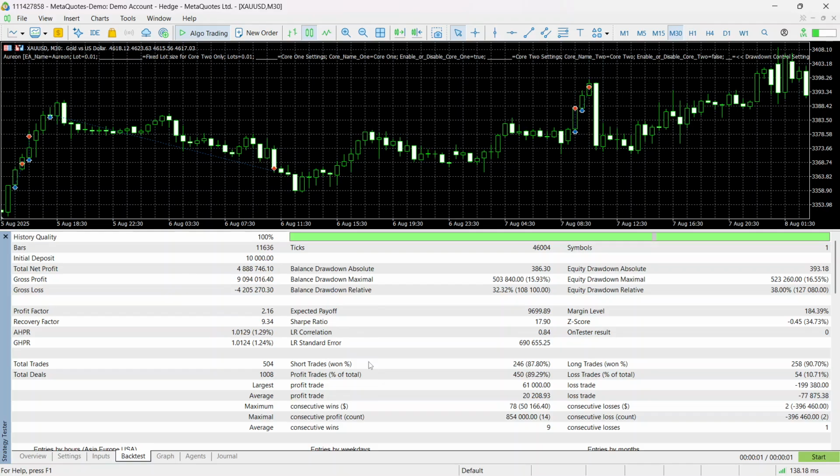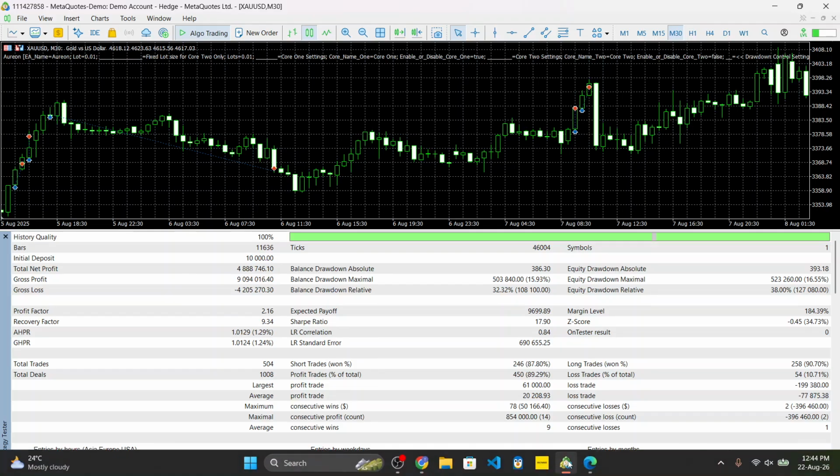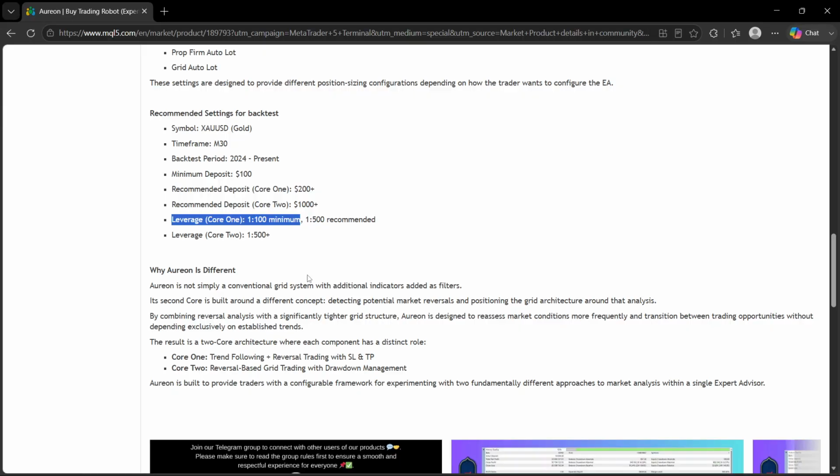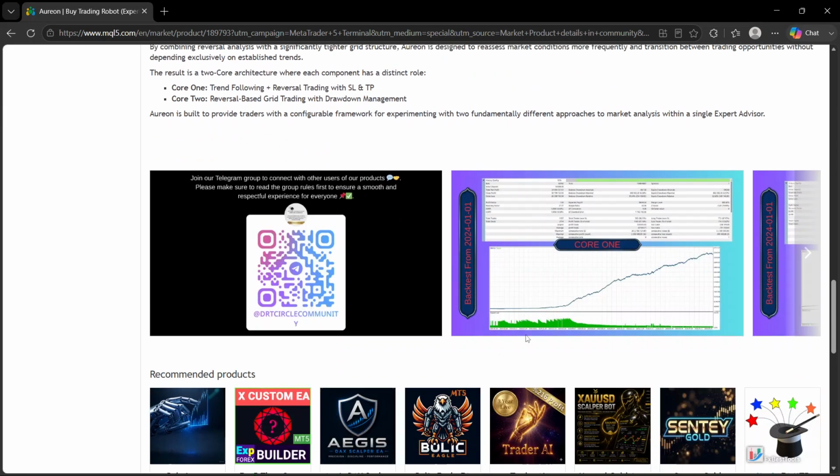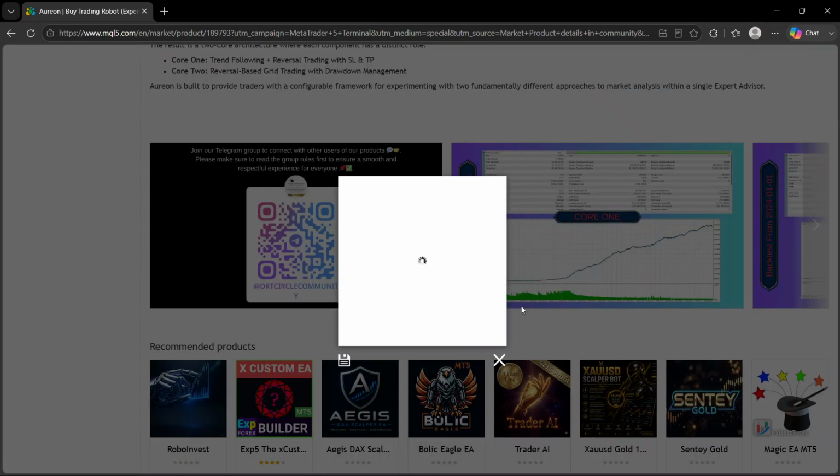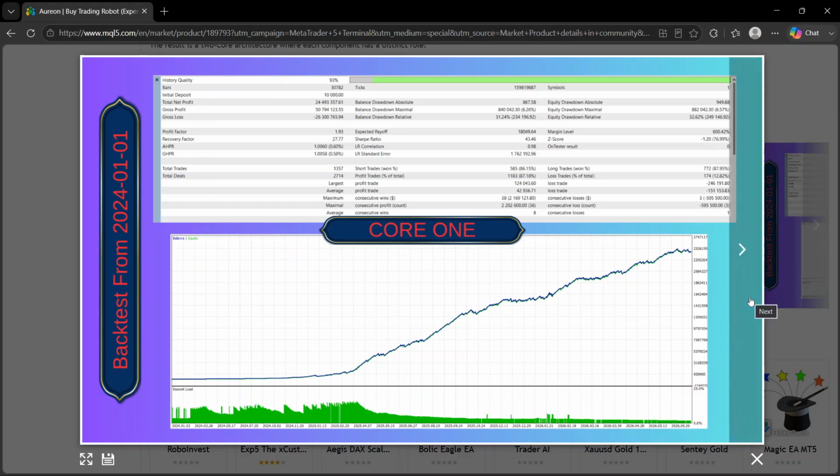Now comparing this with the developer framing of a controlled dual core approach, the historical results show the kind of equity growth and high win rates you often see from a tight grid during a favorable gold period.